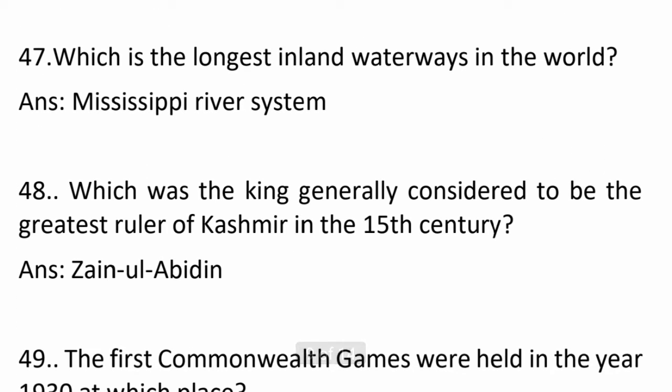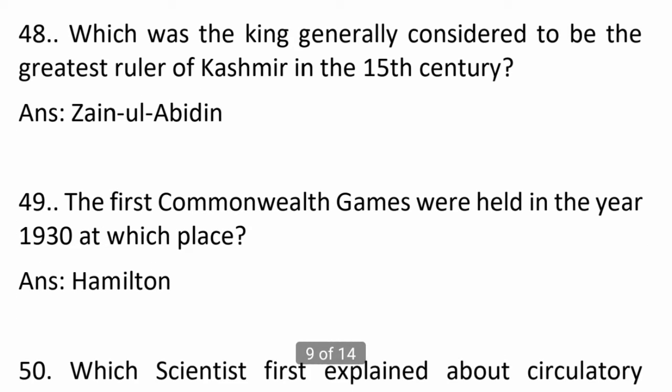Which king is generally considered to be the greatest ruler of Kashmir in the 15th century? Zain ul Abidin. The first Commonwealth Games were held in 1930 at which place? Hamilton.